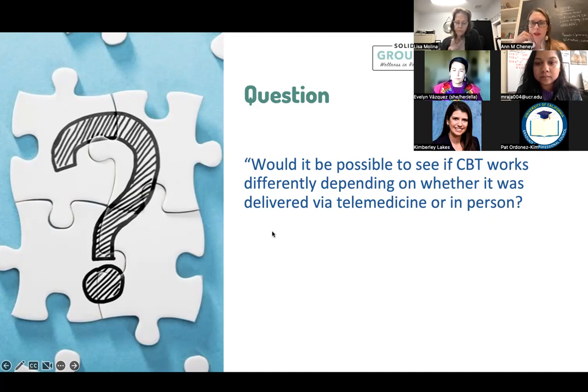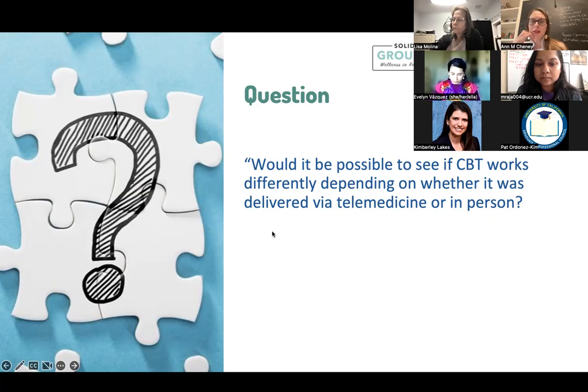And so then in the end, we quantitatively determined that those in the telemedicine group seem to have better outcomes. So they have reduced PTSD symptoms over a 25-week period compared to those who were in the in-person sessions.